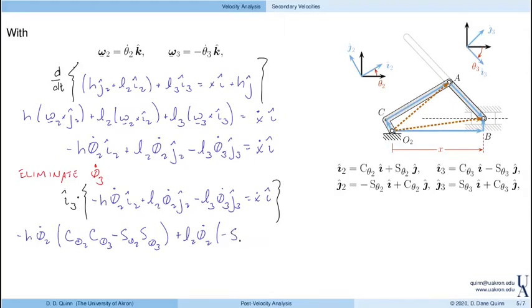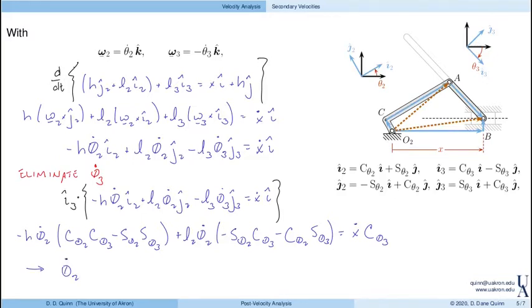So that becomes minus sine of theta 2 cosine of theta 3 minus cosine of theta 2 sine of theta 3. I3 dot J3 is equal to 0. So then we're simply left on the right-hand side with x dot times I dot I3, just cosine of theta 3. So here we can solve this for theta 2 dot.